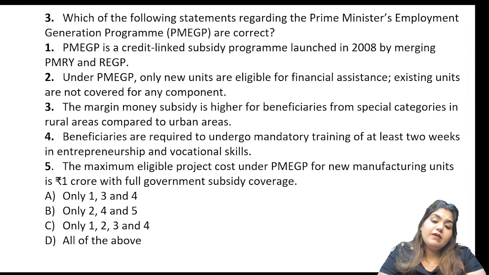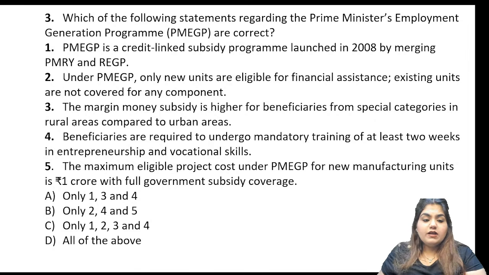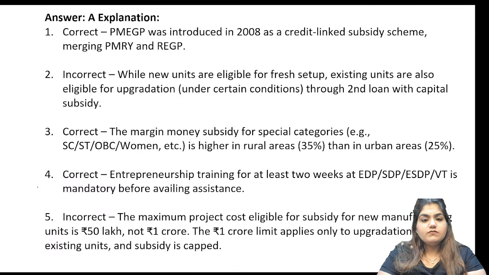We give provisions for both. Statement number 3 is correct. Statement number 4 is correct. Statement number 5 is not correct. The limit is 50 lakh. Statements number 2 and 5 are incorrect. That will give us A as the correct answer.